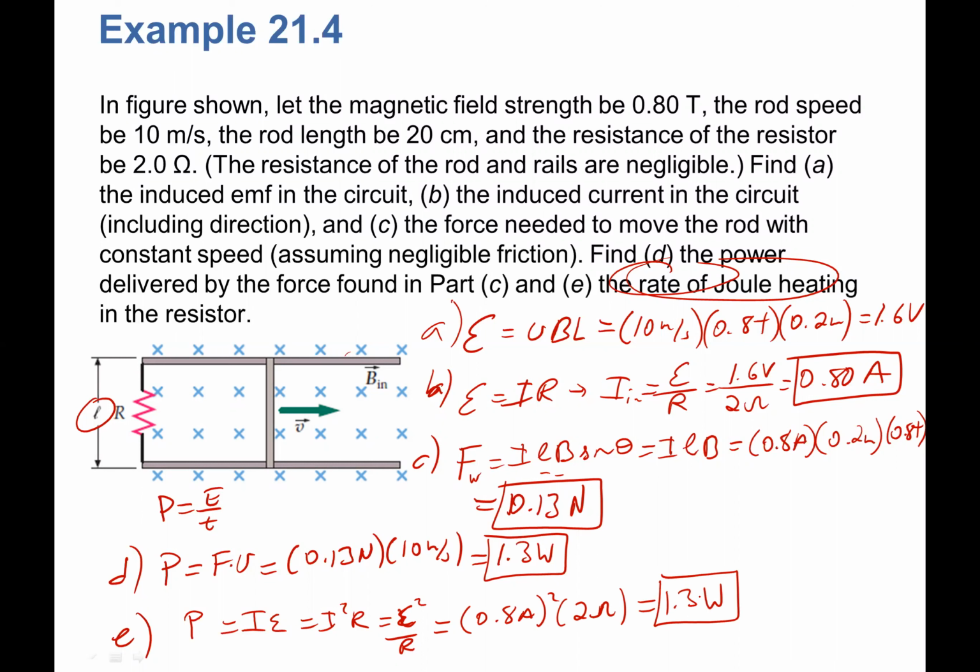Why 1.3 watts? Because the resistor always dissipates, if it's just one resistor, exactly how much is delivered. That means you have just one device. How much power you give to your system, if it's just one device, it just takes all that energy and dissipates it. All right.